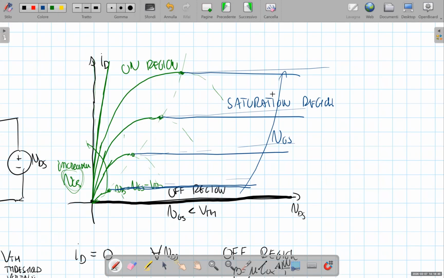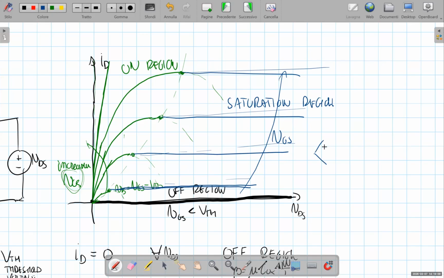Okay. By the way, if we want to describe in a qualitative way the behavior of the transistor in this region, we can say that in the saturation region, the transistor behaves as a VGS controlled current source. The behavior of a device that draws a current that is not dependent on the voltage across it is the behavior of a current source.